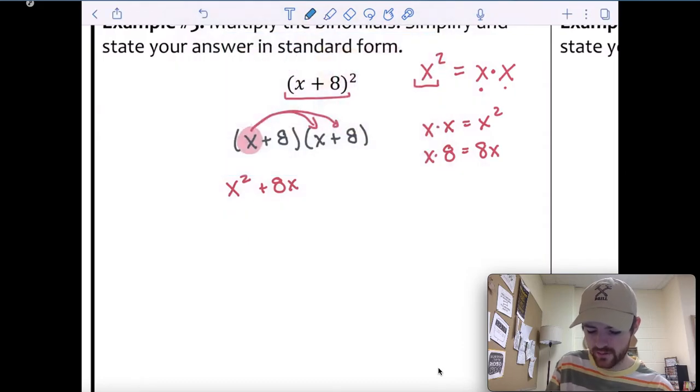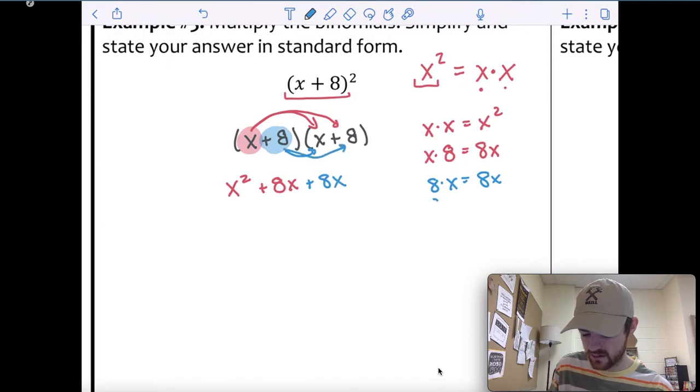Then we have 8 times x, which is 8x, and 8 times 8, which is 64.